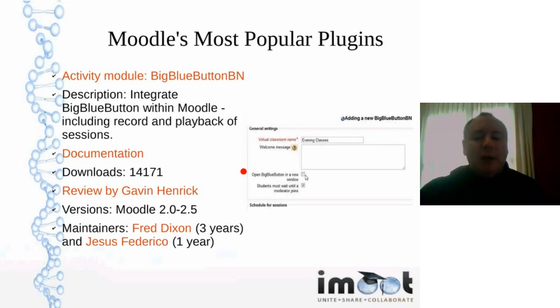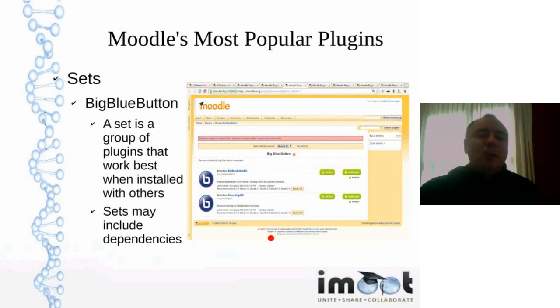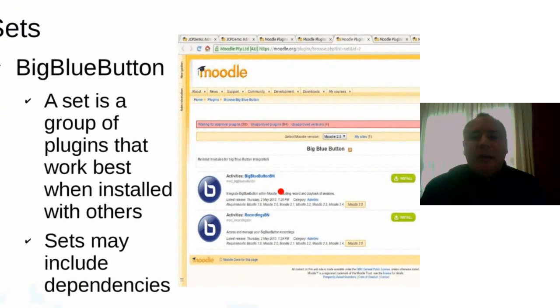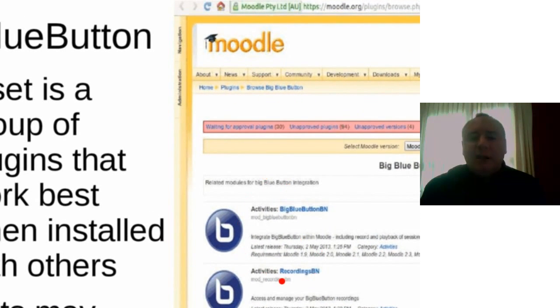Things like that. Big Blue Button has 2 plugins, and so to group plugins together, we have the concept of sets. And a set is simply a group of plugins that work best when installed together. And so when you see that there's a set, look at what those other plugins are, and it'll show you that both of these activities work better when they're installed together.